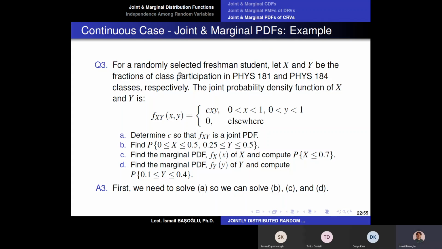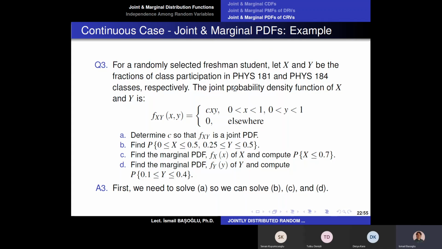If, for example, the student is participating in half of the classes, then the fraction of participation is going to be 0.5. Therefore, for both classes, the class participation fractions are taking values between 0 and 1. Okay, so both of these random variables are taking values between 0 and 1.